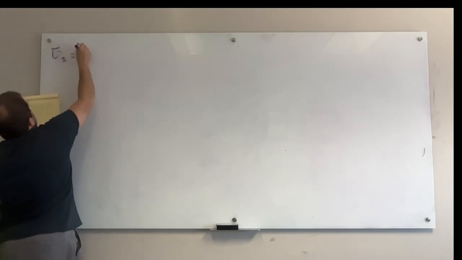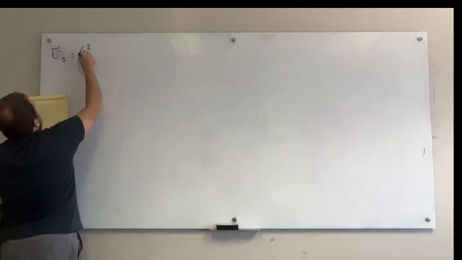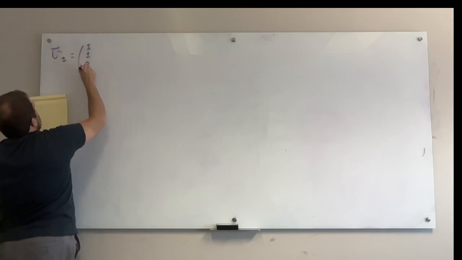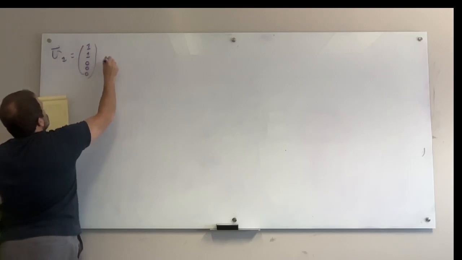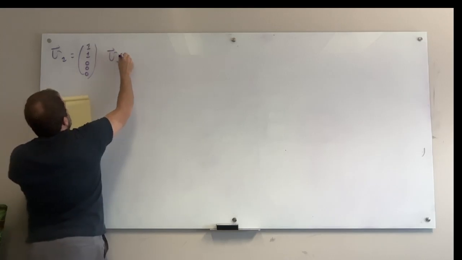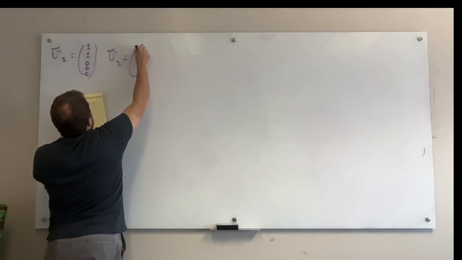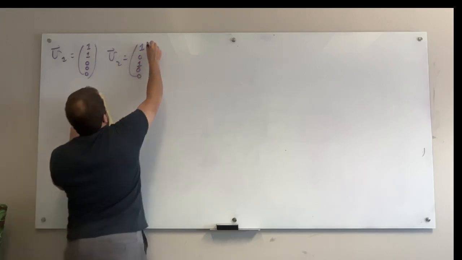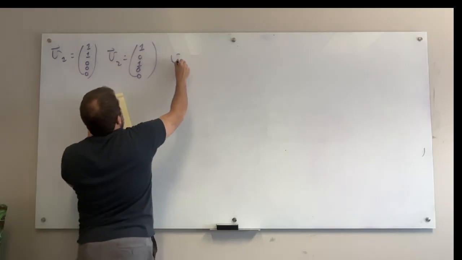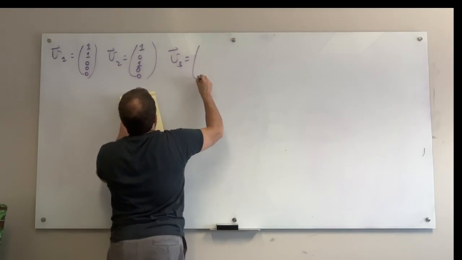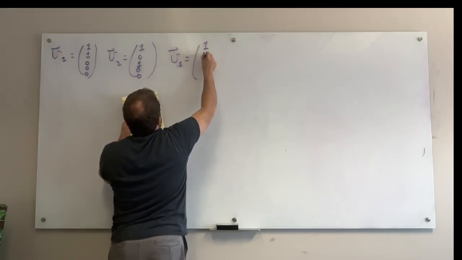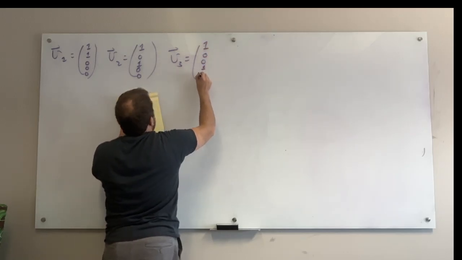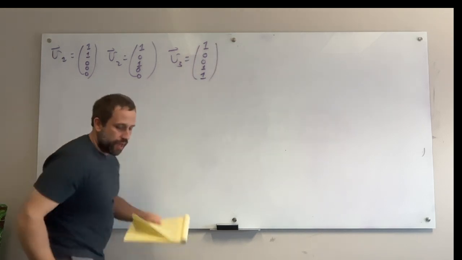So let's say V1 is equal to 1, 1, 0, 0, 0. V2 is equal to 1, 0, 1, 0, 0. And V3 is equal to 1, 0, 0, 1, 1. Okay, so we have three vectors.